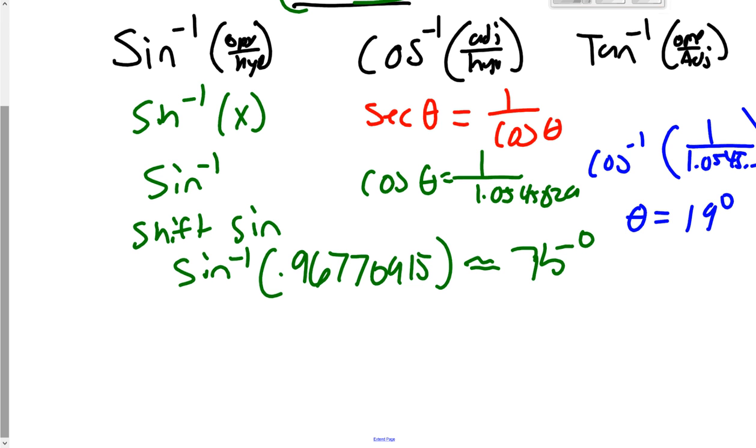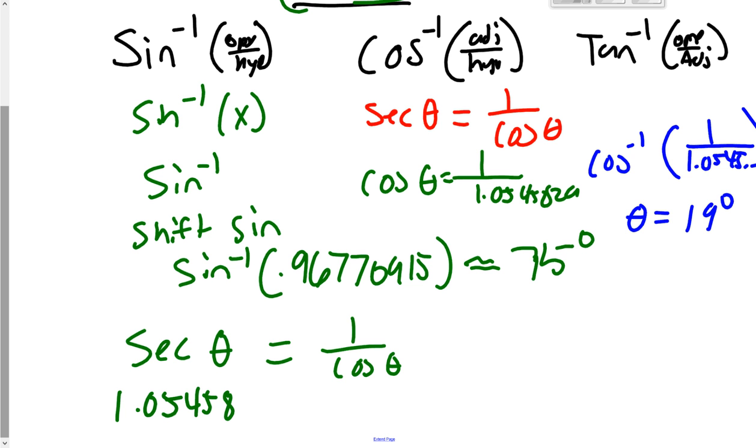So basically that secant one's a little tricky, because secant of theta equals 1 over cosine of theta. And if secant of theta equaled 1.0545829, then 1 over 1.0545829 would equal cosine of theta, right?